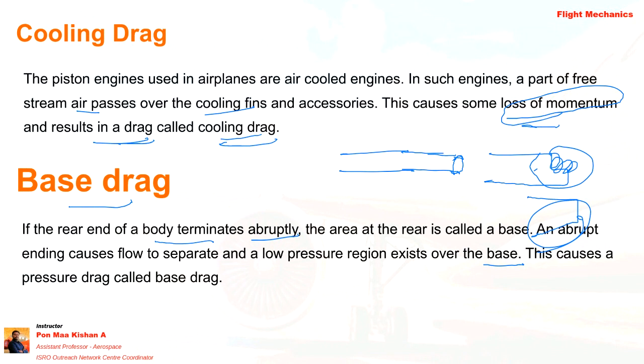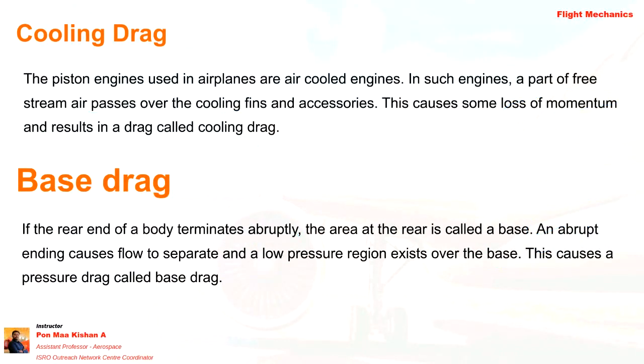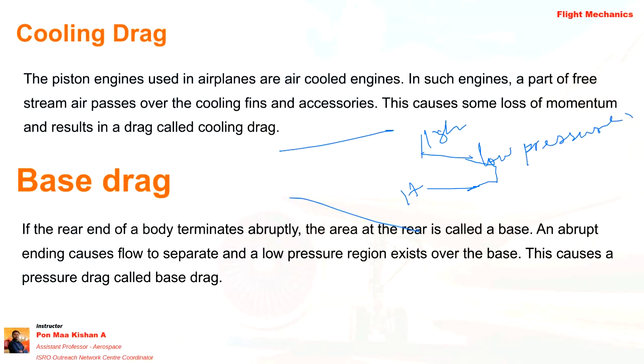So apart from that, this type of shapes, without proper design, right? If the shape is ending like this, a low pressure will be found at this place because of the flow, and there will be high pressure in the lower region if there is an angle of attack, right?